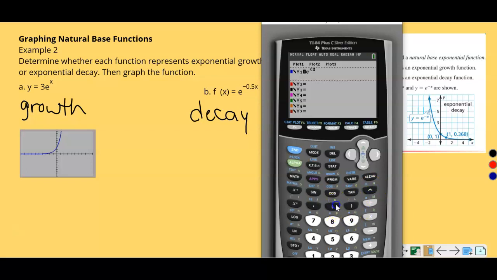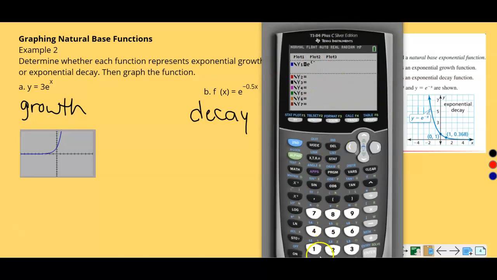I'm going to put this in parentheses to make sure it gets all of it here. So negative 0.5x in parentheses. So I've got e raised to the negative 0.5x power, hit graph, and this is going to be an exponential decay function.